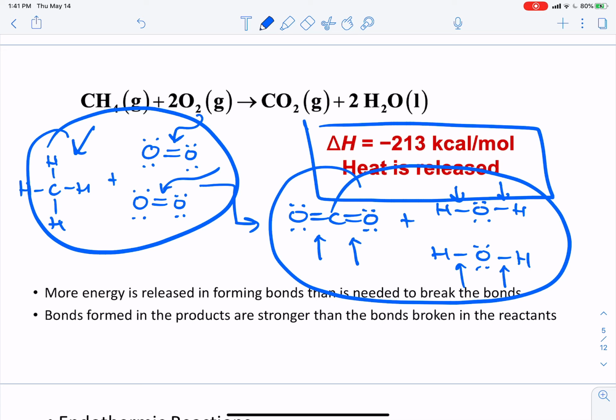So we're going to release 213 kilocalories. And remember, kilocalories, that's a unit of energy like joules or kilojoules, or small c calories, and kilocalorie is equal to a big C calorie, which again is equal to 1,000 small c calories. So we're going to release that energy when we do this reaction.